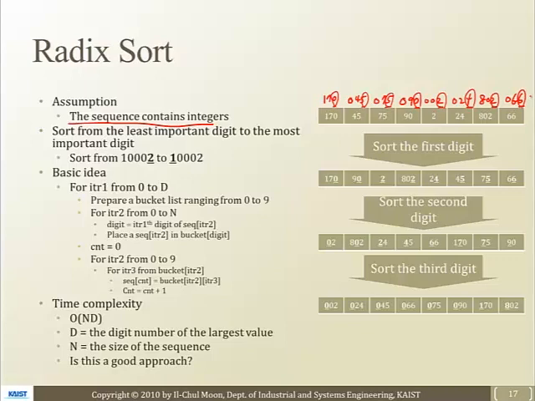Because these are all zeros, 170 comes first because we are only looking at the first digit. 090 comes here. Do we have any zeros any further? No. Do we have any ones? No. So the 2 is smaller, so 2 comes here. And then 802 is another 2.